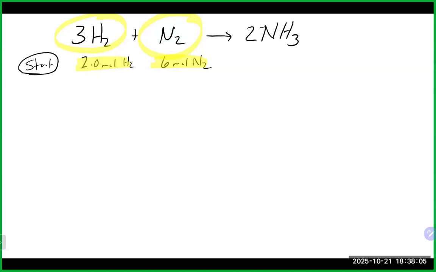If you are given enough information, whatever that information is, that you could calculate directly the moles of each reactant, then it's a limiting reagent problem. If you're just given information about one of them, it's not a limiting reagent problem. You don't have to worry about it. But if you definitely could get the moles of each reactant, that is the big thing.